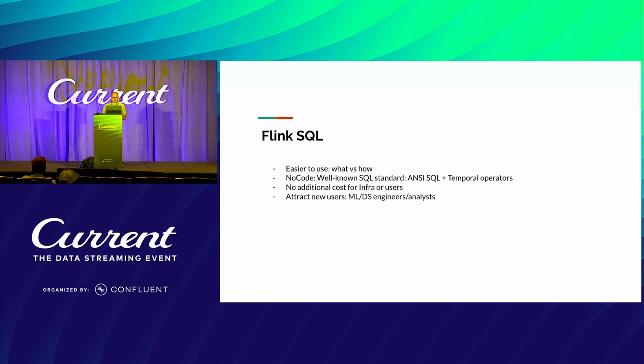So FlinkSQL is the easiest API for building streaming apps, because it is declarative and it implements the ANSI SQL standard. SQL also is the most popular language among machine learning people and also data scientists. So by just writing SQL statements, Flink allows you to utilize the power of Flink's horizontally scalable stream processing engine without the requirement of being a Java or Scala developer.